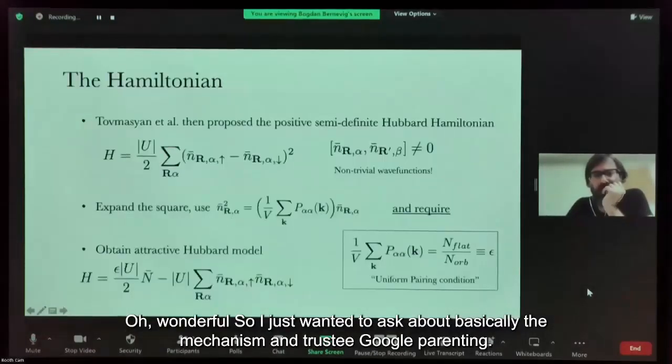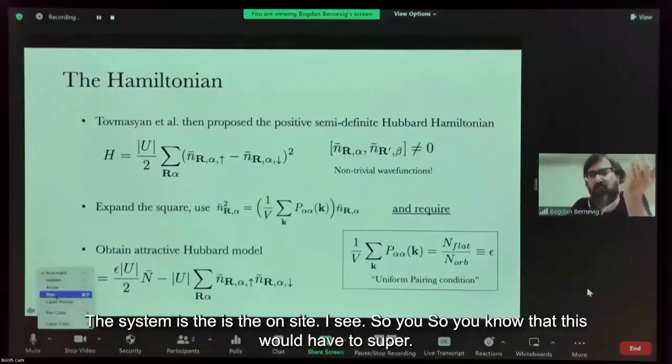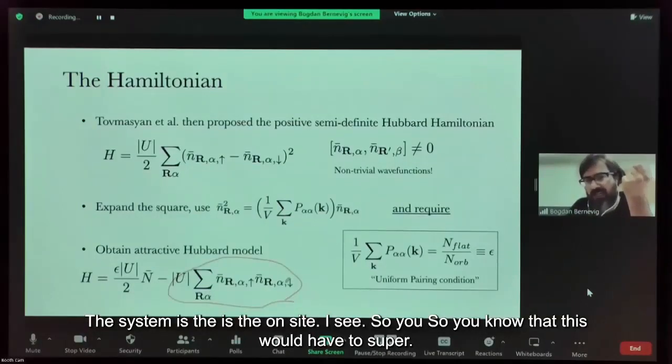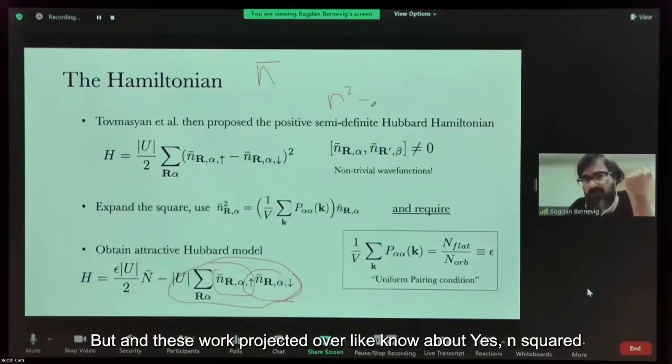I see. So you know that this would have to superconduct, right? But now imagine I did this, and these were not projected operators. So let's say these were not n bar, but just n, like normal bands, with n squared equal to n.